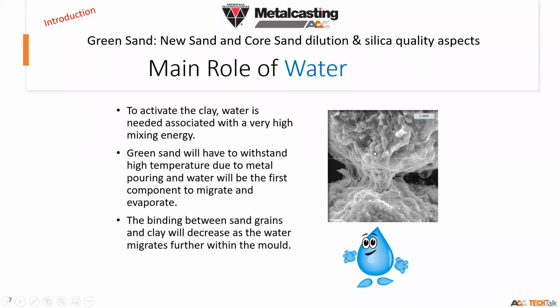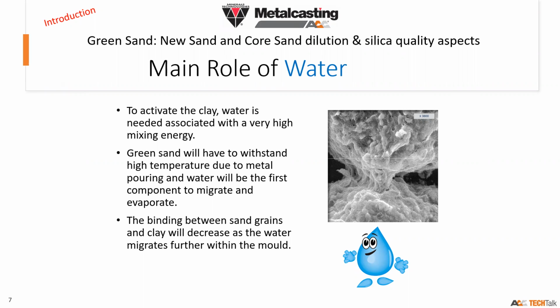And you can see here the bridge between two sand grain with some bentonite. So green sand will have to withstand high temperature due to metal pouring, and water will be the first component to migrate and evaporate. So you have the binding, which is done with clay and water bridging.